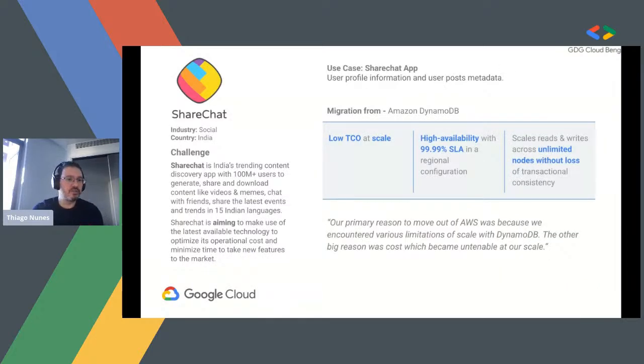Next, I would like to talk a little bit about a customer that I think you're very familiar with, which is ShareChat. So ShareChat uses Spanner to store user profile information and user post metadata. They migrated to Spanner from DynamoDB. And the main reason why they did that was first scalability, which they could not achieve with some limitations of scale with DynamoDB, as they mentioned here on this quote.